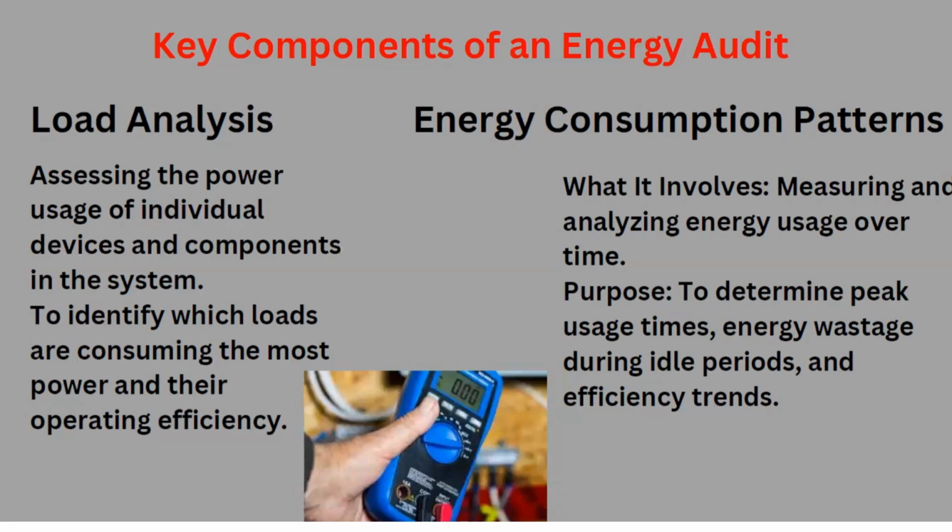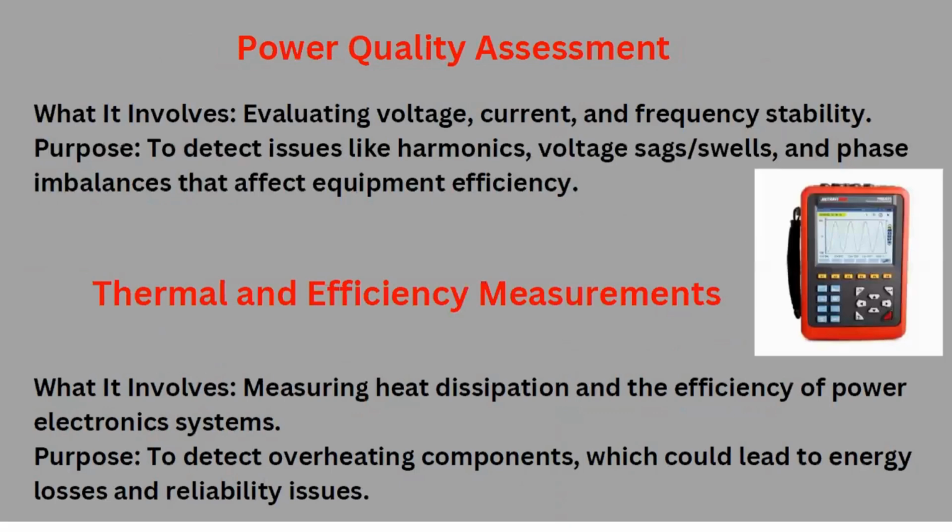The purpose is to determine peak usage time, energy wastage during idle periods, and efficiency trends. That means when it is in use, and when it is not in use, you should have an idea that it has to be switched off. Right? So these are the first two key audit components. We'll go to the next one.